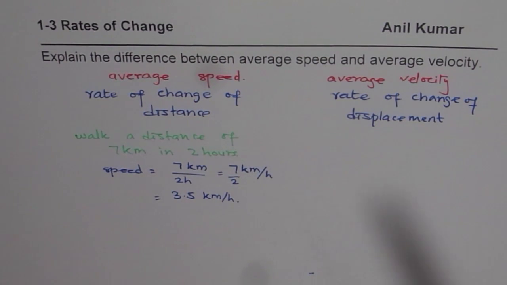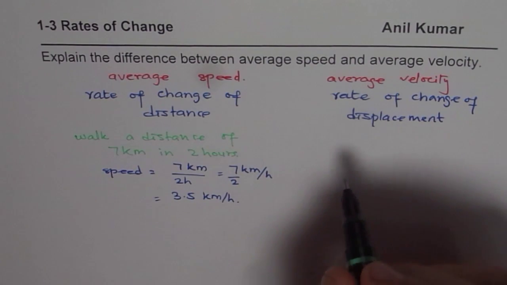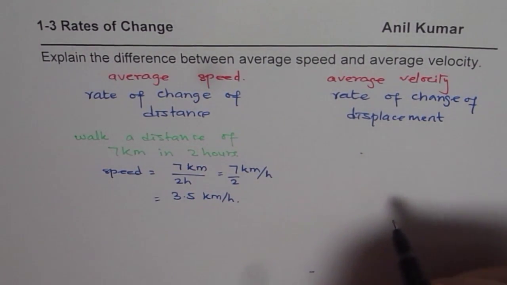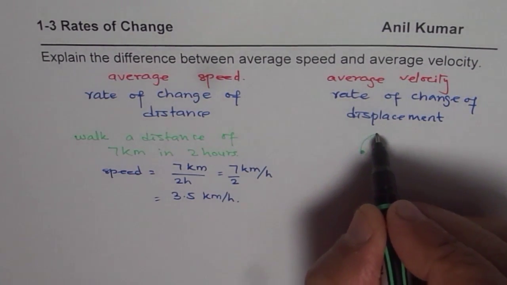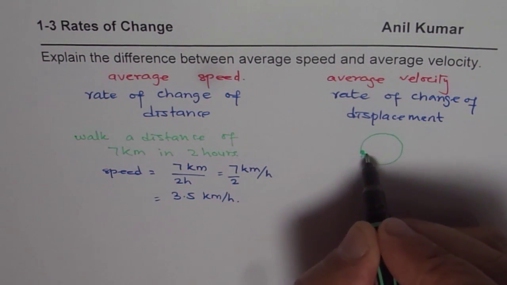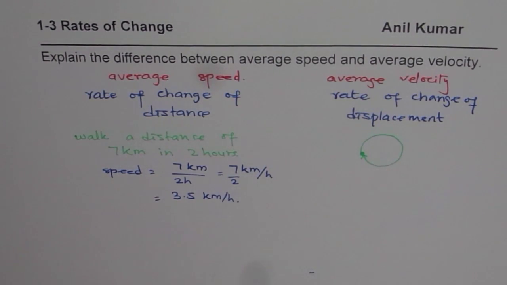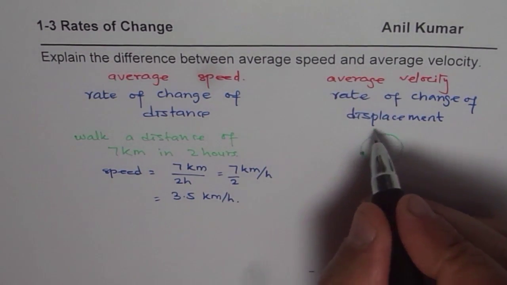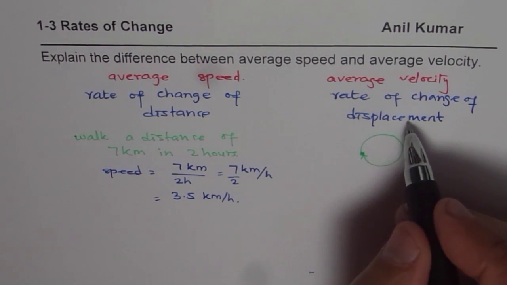Now when we talk about velocity, we are actually checking the displacement. Here position is very important. Position here means from where did you start and where did you end. So let us say you start from this point and go round and then come back to the same point, and the whole distance traveled is 7 kilometers. What is the change in displacement?